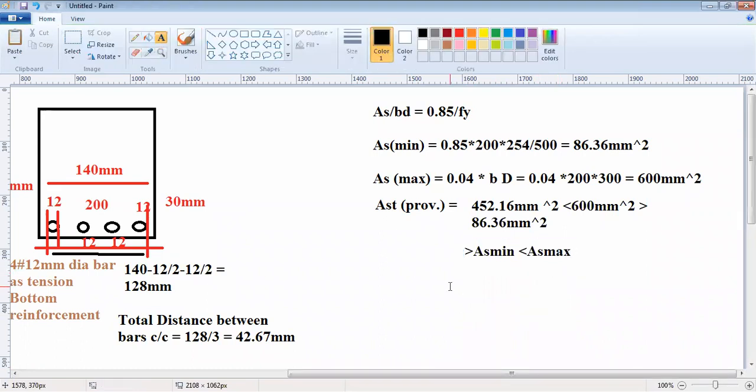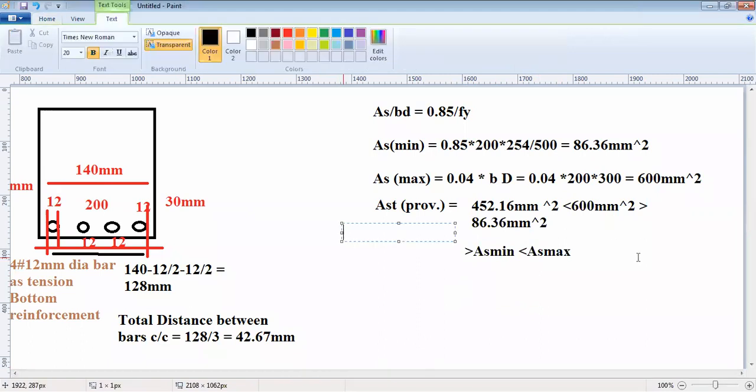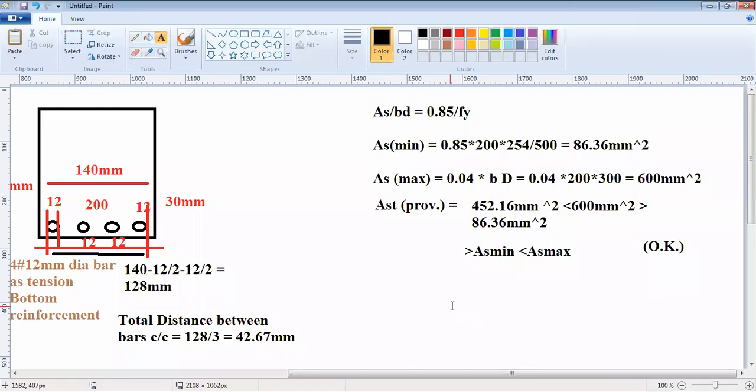What we have provided, we have checked it here. This is okay here. At this stage, it's okay. Our design is okay. We have kept it in between As minimum और As maximum के बीच में हमने provide किया और हमने spacing भी check की कि वो भी exceed नहीं हो रही है between.